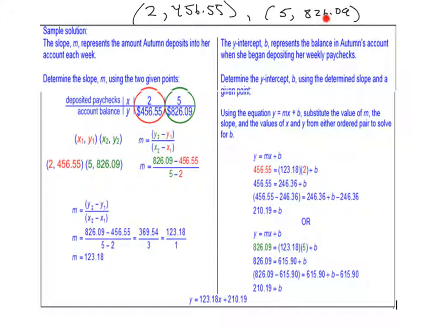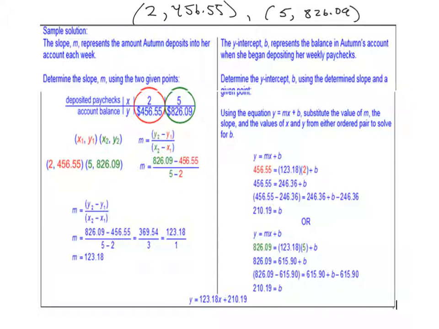And the second value of y minus the first value of y. All right, so here we go with 826.09 minus 456.55, and then of course divided by 5 minus 2. And when we do so, we will get 369.54 divided by 3, and if we divide, we'll get 123.18 to 1, which would give us a slope of $123.18.